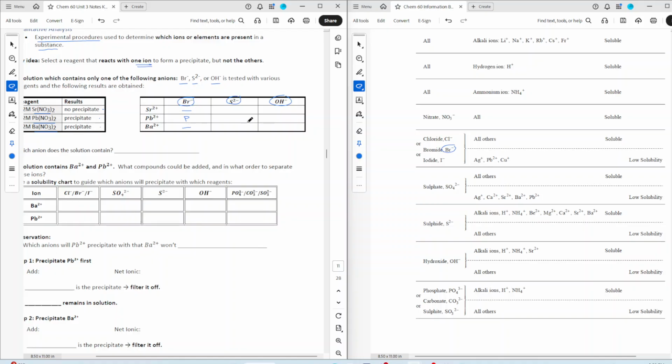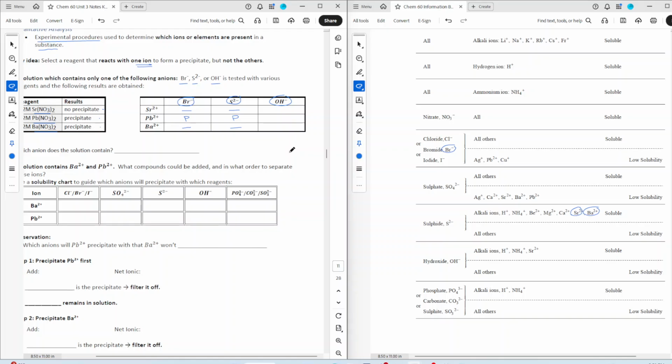Then let's see what these three do with sulfide. In the presence of sulfide, it is soluble with strontium and barium, but it'll precipitate with everything else. So again, it precipitates with lead, but it is soluble with strontium and barium.